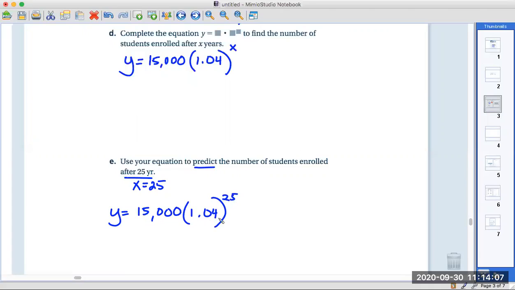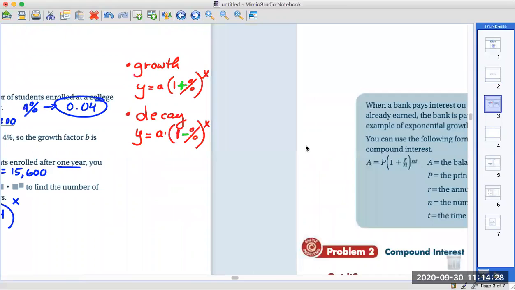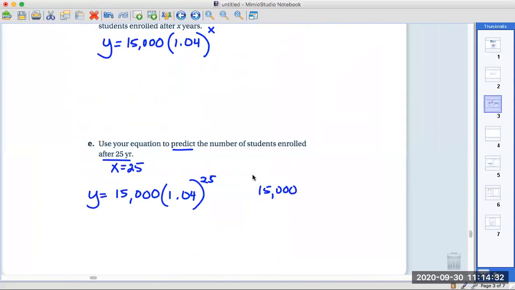You can put this whole thing as you see it in your calculator, 15,000 times, you know what, I like the parentheses. Your calculator has parentheses, I think. Let's see. Does this one have parentheses? Yeah, right there. They all do. So the parentheses mean times. So you just follow that along.